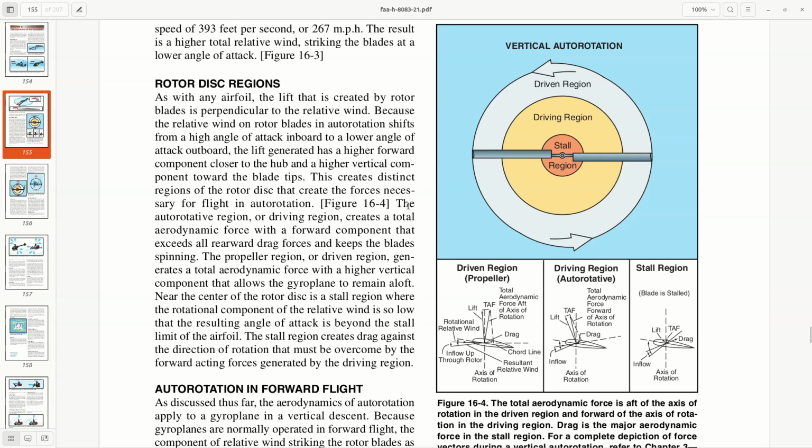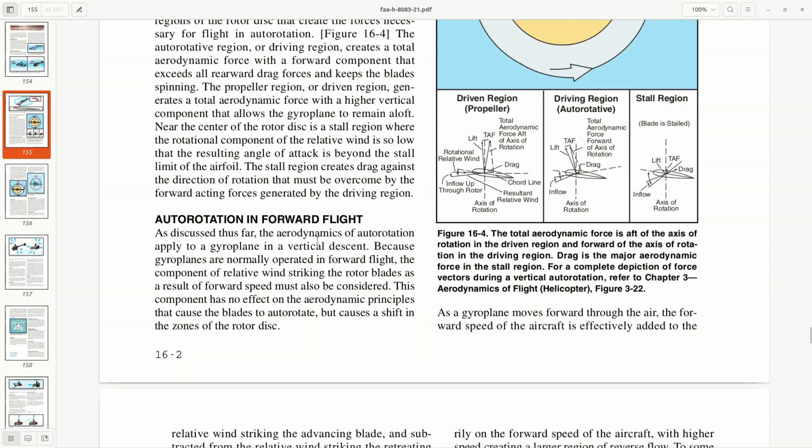So how does that change if I start going into forward flight? This is something that, if you look at the aerodynamics section for helicopters, or perhaps my Flying Through the Helicopter Flying Handbook series, we talk about a bit. And this is easy to understand.